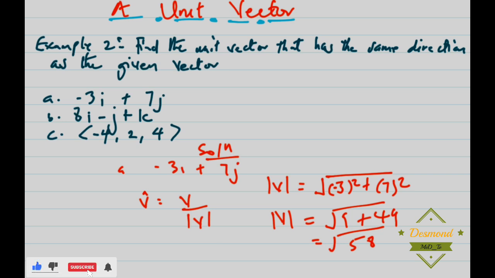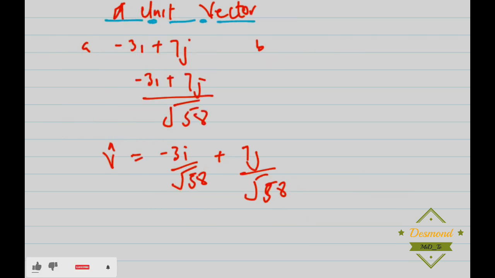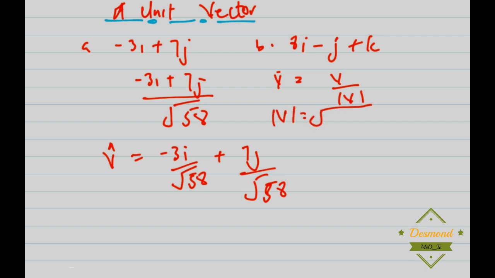B is asking us to find the unit vector for 8i minus j plus k. So our unit vector should be equal to the vector over the magnitude of the vector. The magnitude should be equal to the square root of 8 squared plus negative 1 squared plus 1 squared.